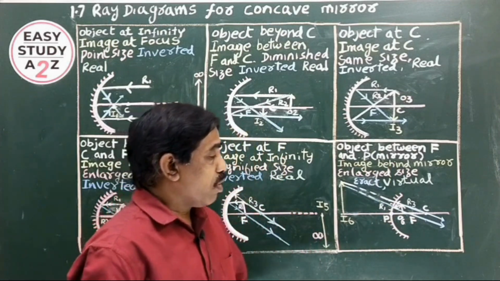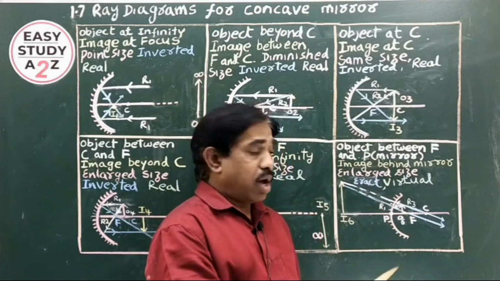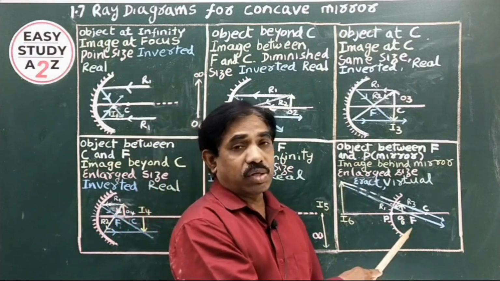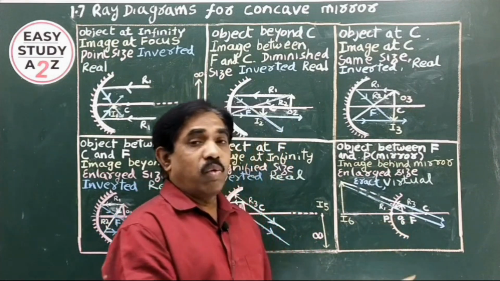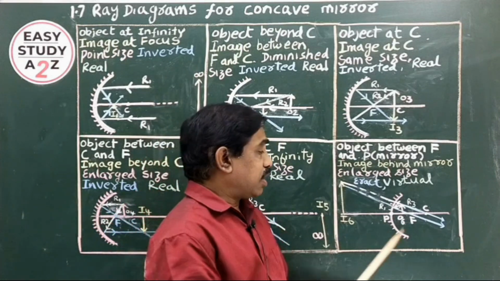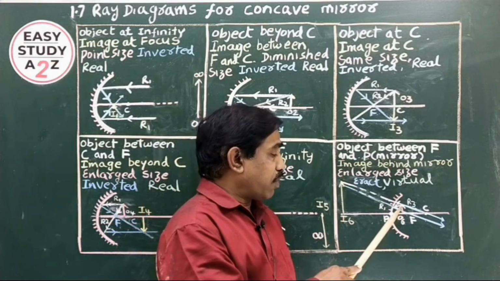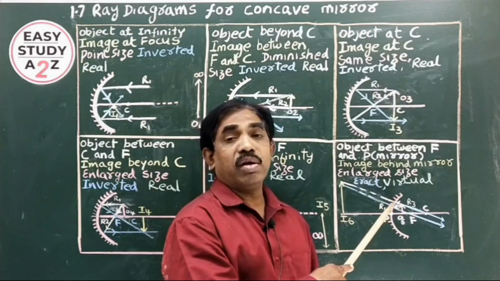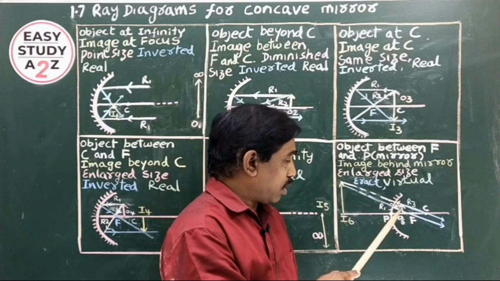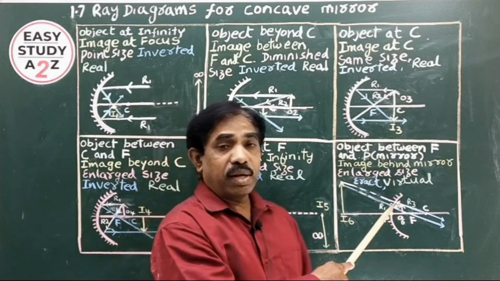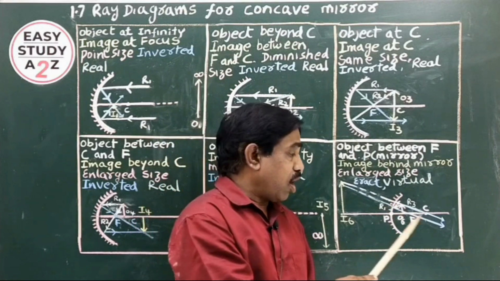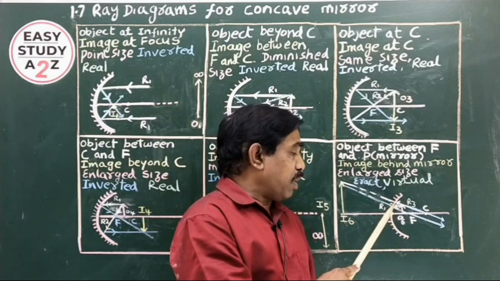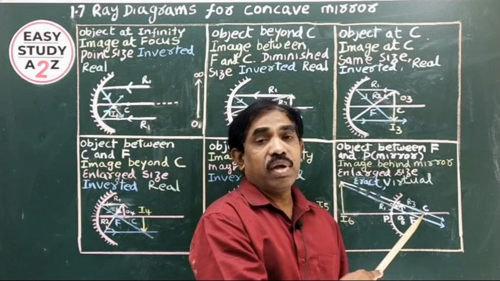There is no scope for R2 because the object is already inside the focus, so it cannot pass through the focus. So we consider ray 3, that is the light ray traveling from the tip of this object, and it is falling on the surface of the mirror as if it is a normal, and the normal passes through the center of curvature.